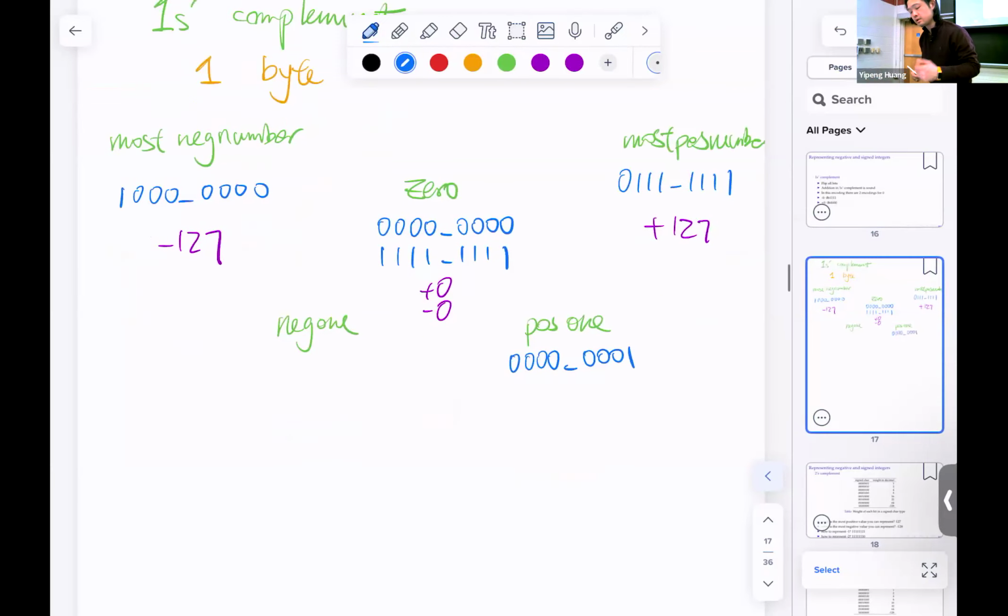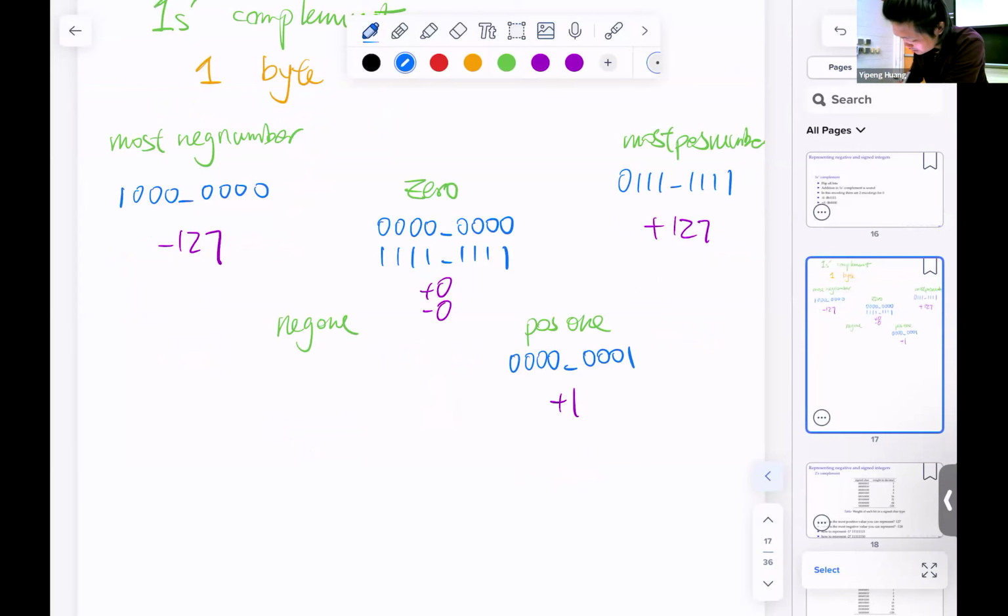Right, positive 1 is going to start with a 0, indicating it's a positive number. And if I want to get negative 1, what's the rule? Yeah, flip all bits, right? Flipping all bits gets us negative 1.